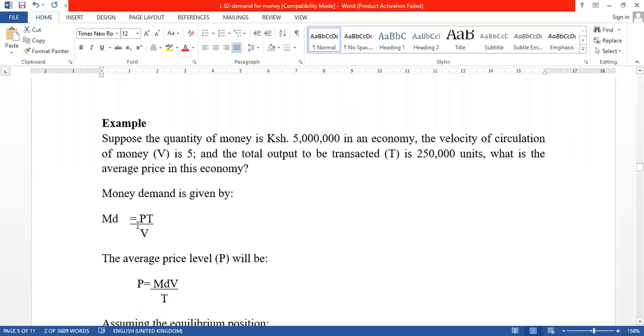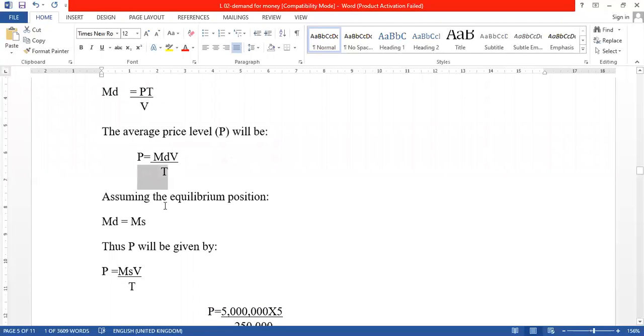Therefore, demand for money is equal to price times the transactions over velocity. And the average price, if you make it the subject of the formula, will be equal to MV over T. At the equilibrium, the demand for money will be equal to money supply.